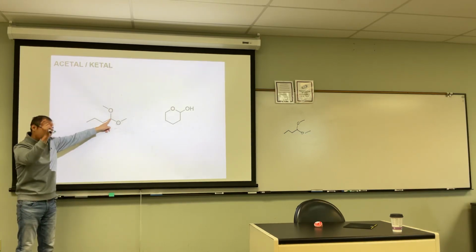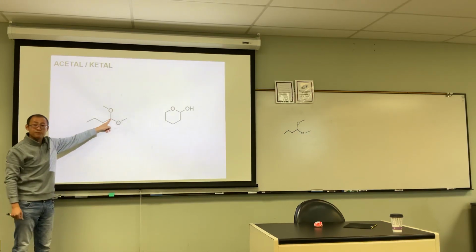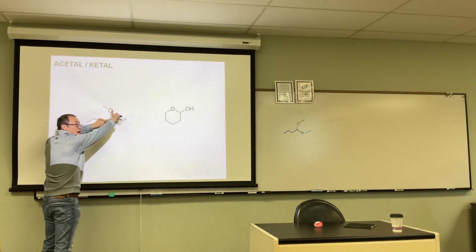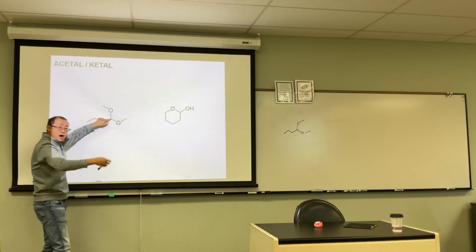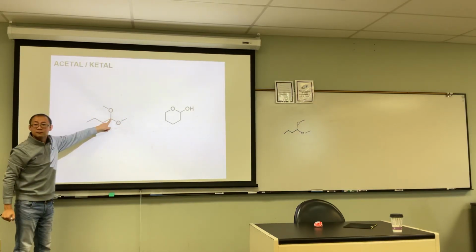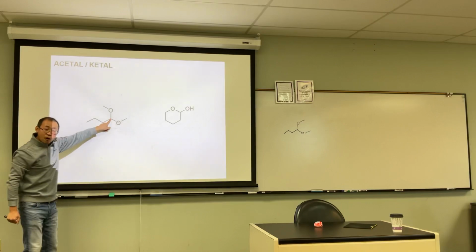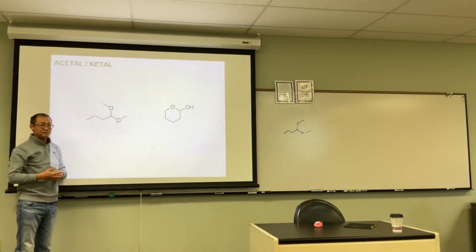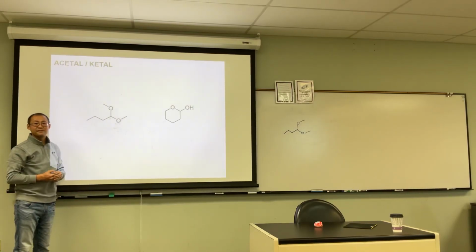It's not keto, it's from an aldehyde, so it's an acetal. Number two, are these two O's both ORs or is one of them an OH? They're both ORs, so this is an acetal, not a hemiacetal. Does it make sense, guys? This is an acetal.